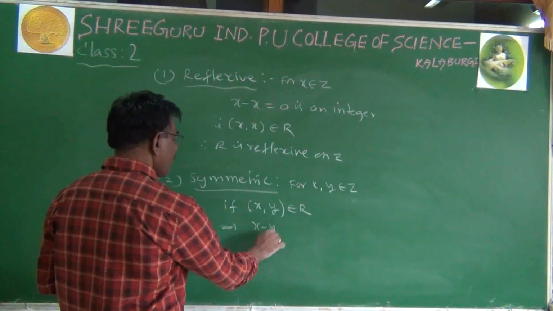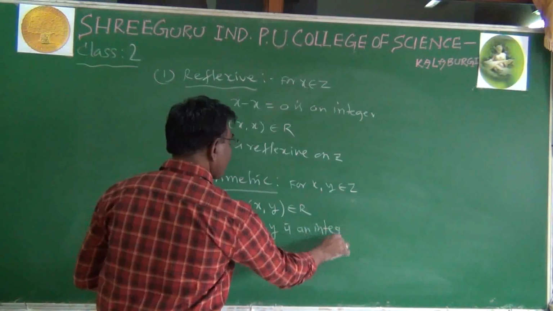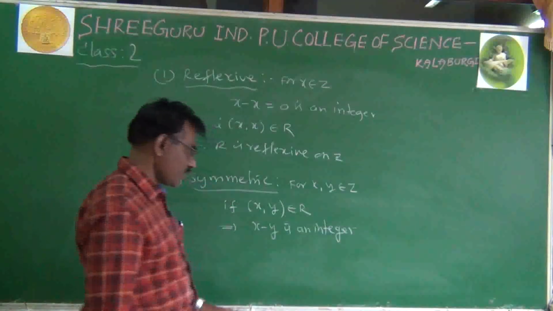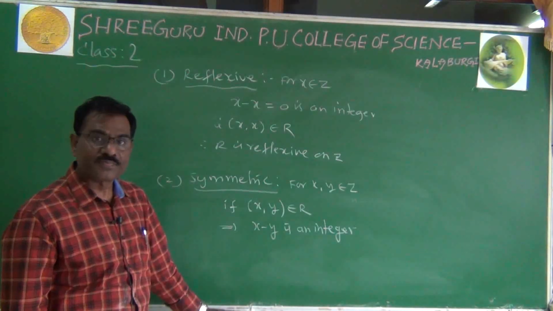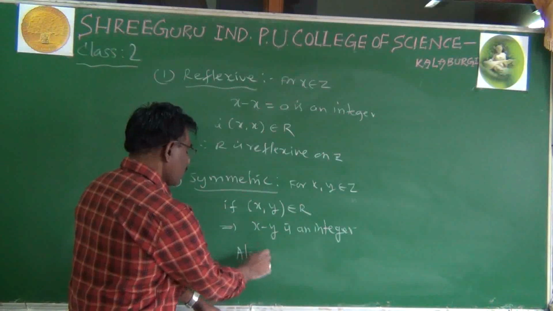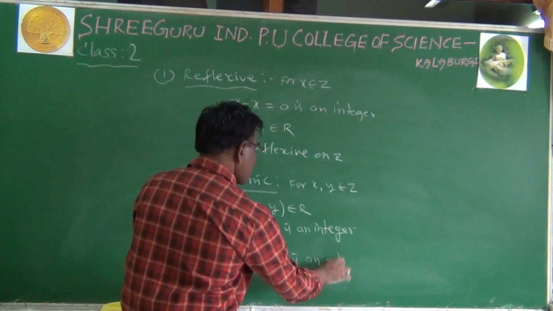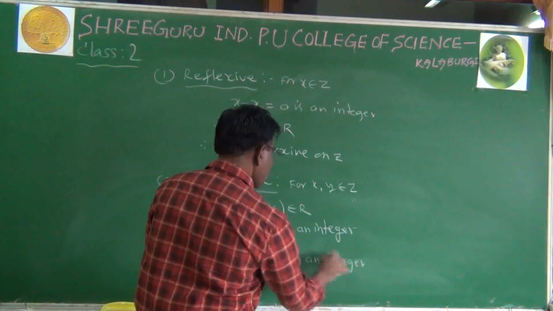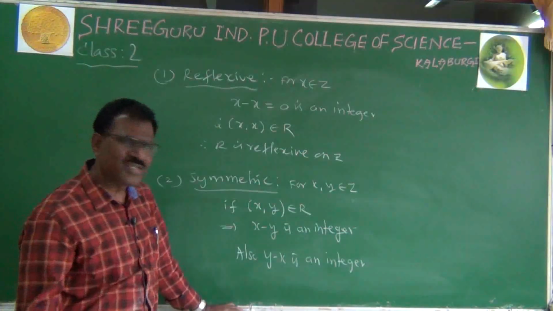X minus Y is an integer. Also, Y minus X is an integer. How do you know? By the properties of integers.